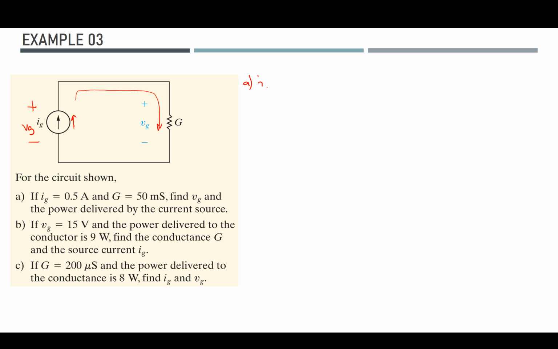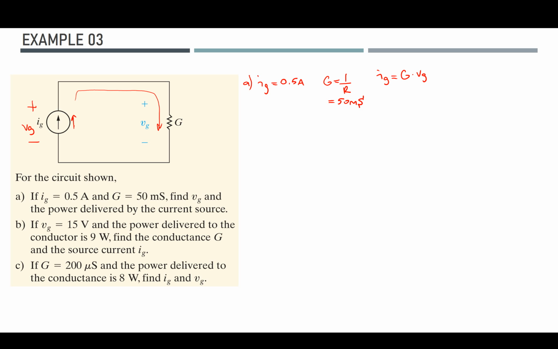So we know that the Ig is given as 0.5 amps, and we have a conductance G, which is 1 over R. I know that Ohm's law for this conductance can be written as Ig equals G times Vg. This G value is given to me as 50 millisiemens.